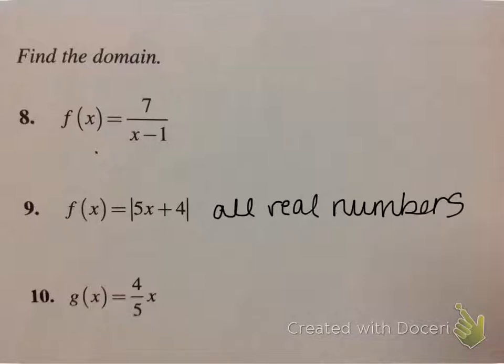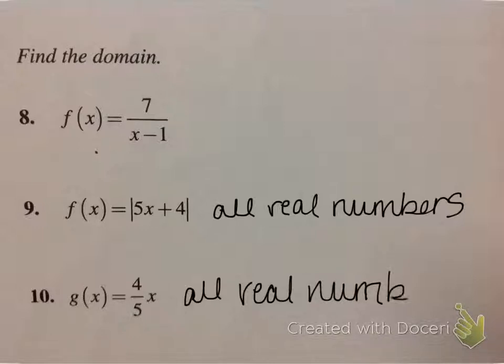Same is true for number 10. I can put any number and multiply it by 4/5 and I'm going to get another number. Yeah, I'll get a decimal or a fraction, but I'll still get an answer. What you have to look out for are those situations where, like number 8, we have a variable in a denominator, and you have to be careful with fractions, because remember there's that one rule that says you can't divide by 0.